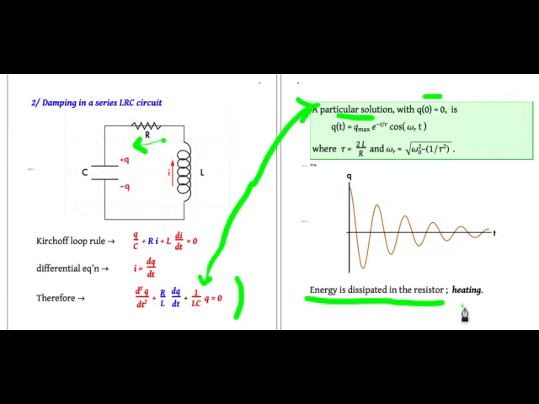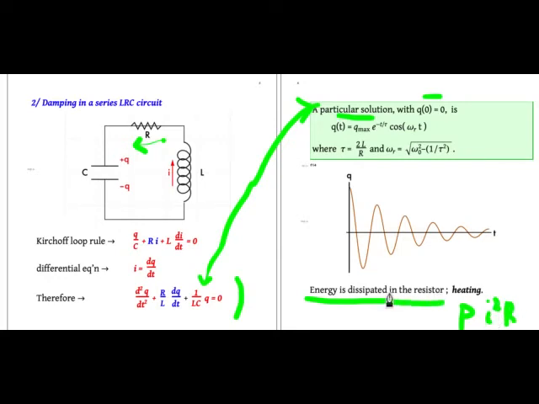As we know, the power dissipated in a resistor is I squared R. Now that's 0 if the resistance is 0, but we're going to have this current flowing through the resistor. It's an oscillating current, but whatever it is, positive or negative, it's losing energy at the rate I squared R.